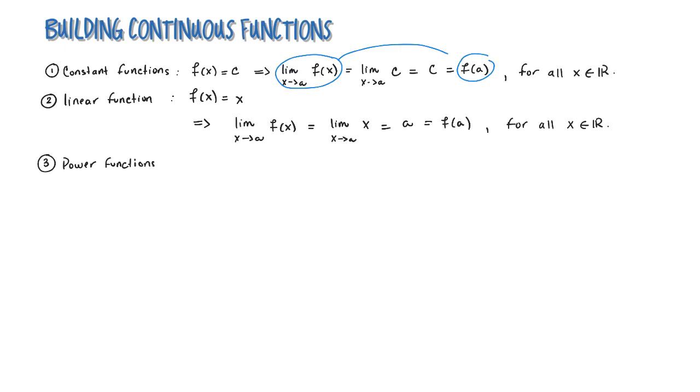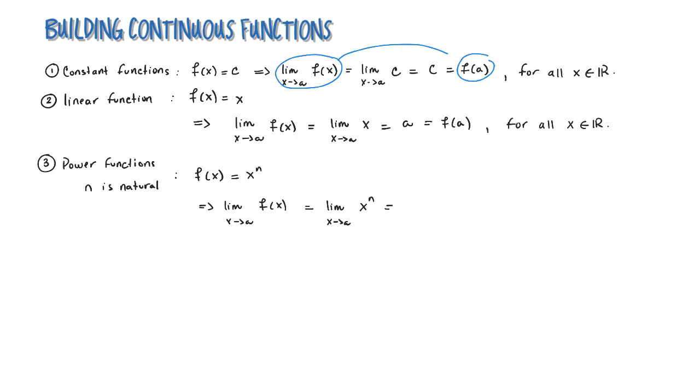Power functions. Here we are going to be assuming that n is a natural number. So we know that n is positive. So in this case, we know that if f of x is equal to x to the n, then again, that means that the limit as x approaches a of f of x is going to be equal to the limit as x approaches a of x to the n.